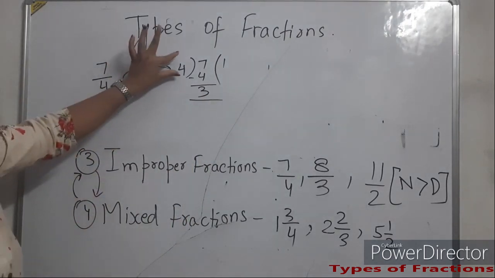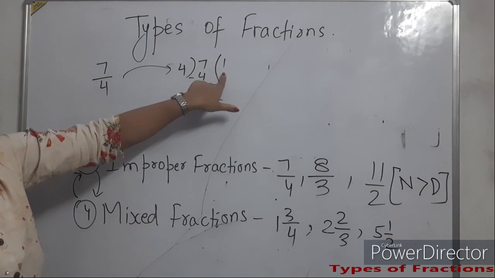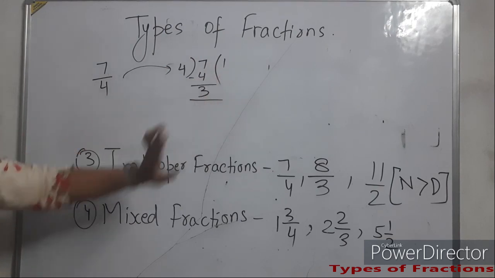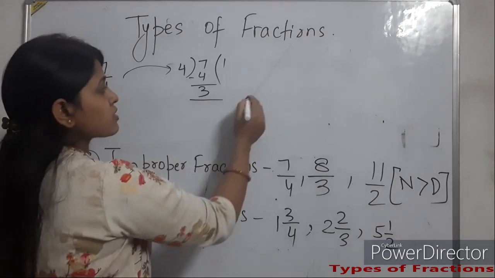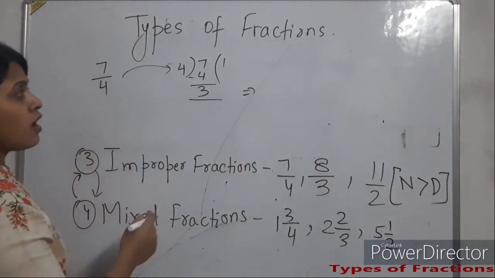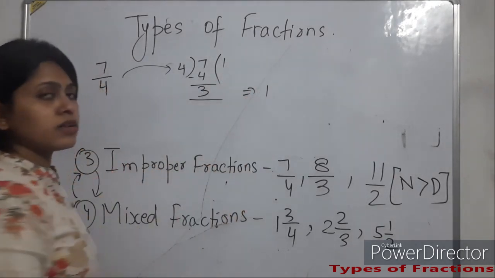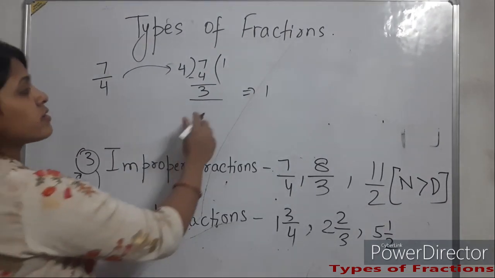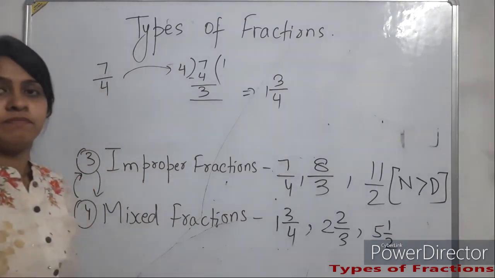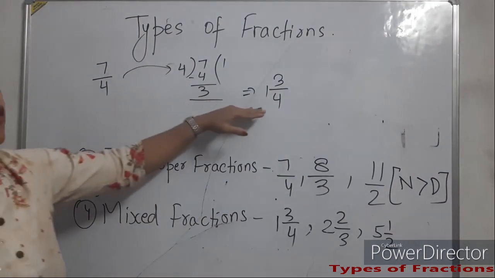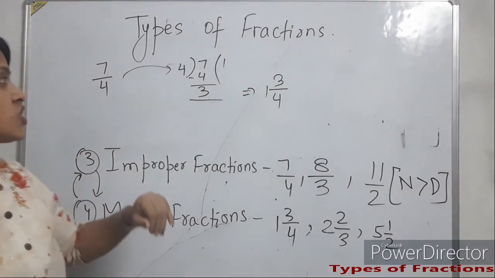So these are the three terms: the quotient, the remainder and the divisor. What is the step of writing the mixed fraction? First of all, we write the quotient on the left side, the remainder at the top and the divisor at the bottom.